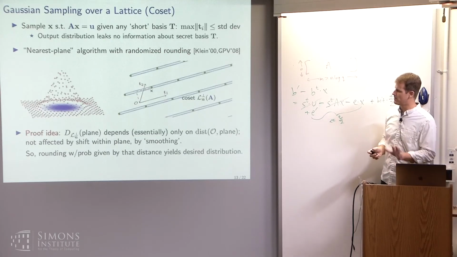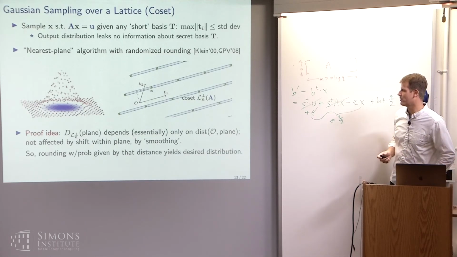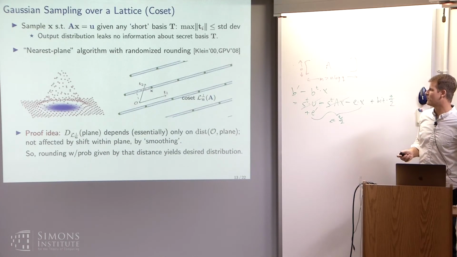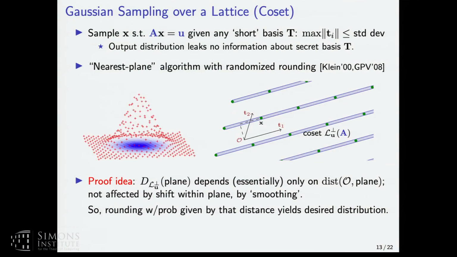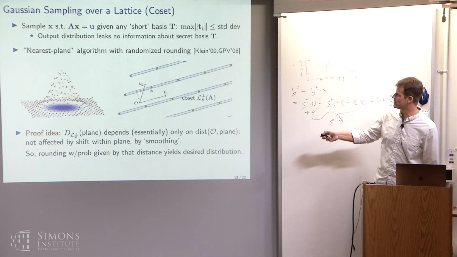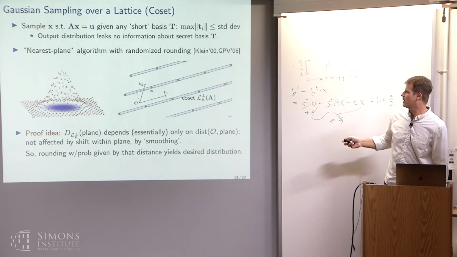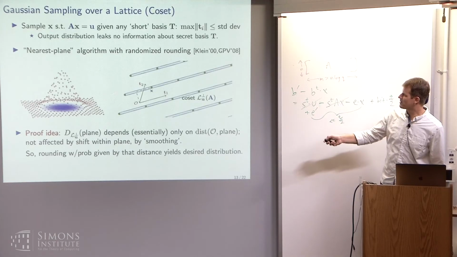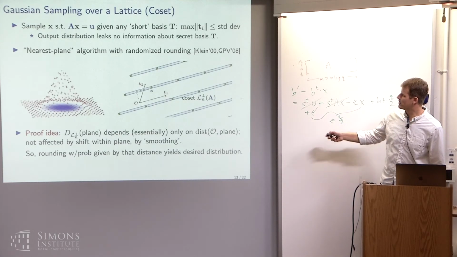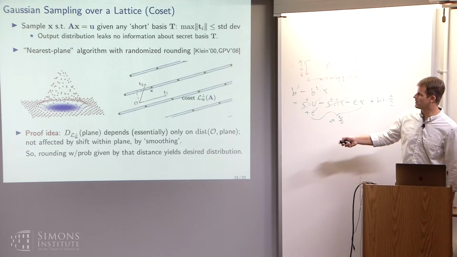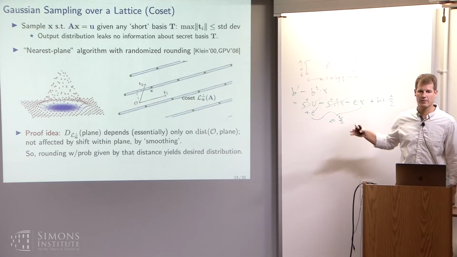I'll give just the highest-level 3-line summary of the proof. If you look at this distribution over here, and you look at the total probability mass assigned to each of these planes, it turns out that the amount of probability mass assigned to each of these planes depends only on the distance from the origin to the plane, the orthogonal distance.